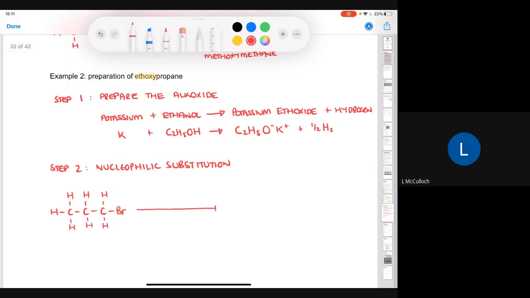So we are then going to react that with the nucleophile that we generated. So we're going to react with the potassium ethoxide. And that should be dissolved in an alcohol. And for this one, we'll use ethanol because we used ethanol to make it. So all that's going to happen is we will substitute the alkoxide in place of the halogen.